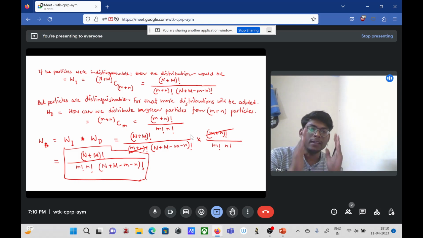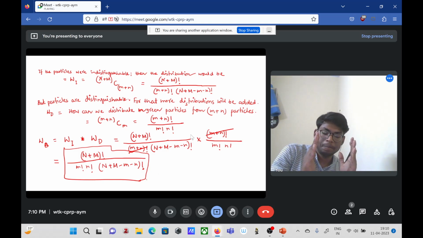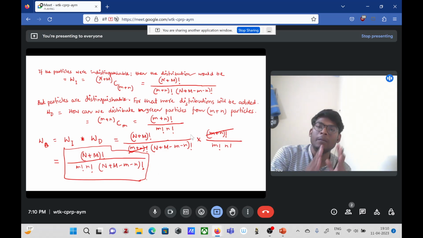The main idea is, when there are total capital N plus capital M sites and small m plus small n particles, we are left to choose small n plus small m particles out of those sites.